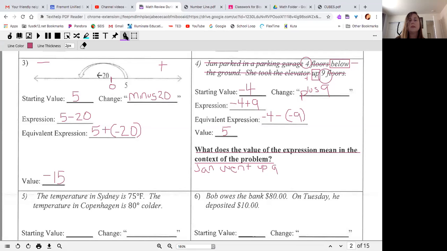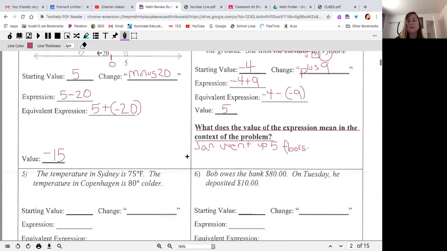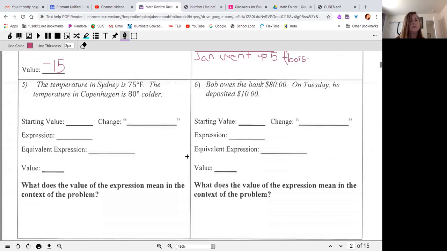Not 9, 5. 5 floors. Again, I apologize for the writing. This is not the easiest. Okay.